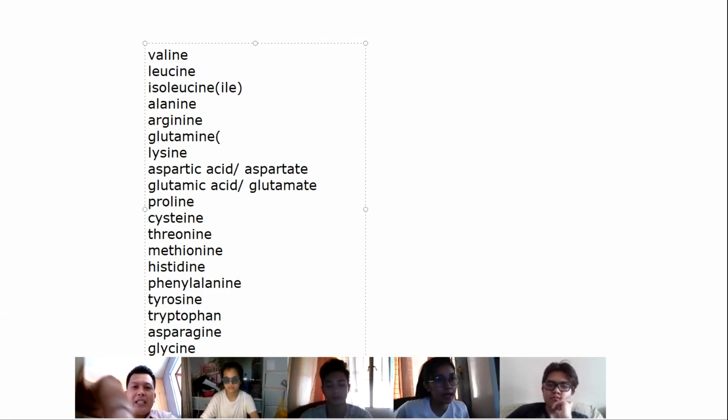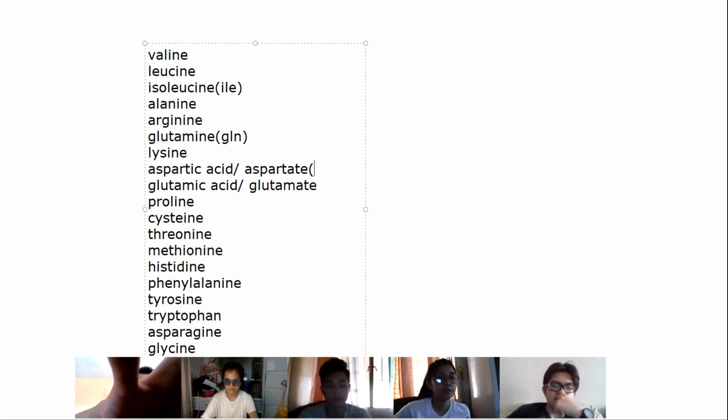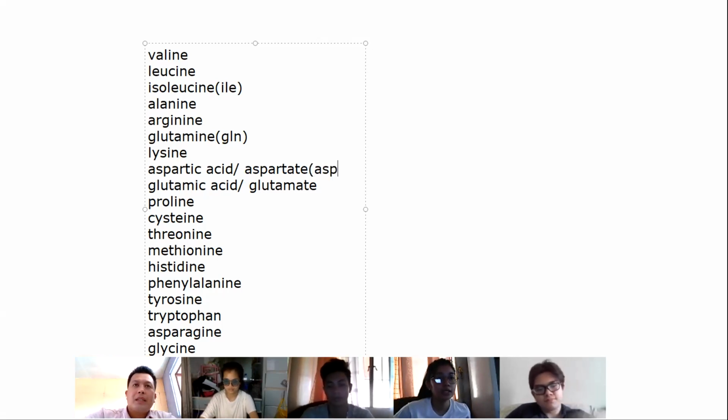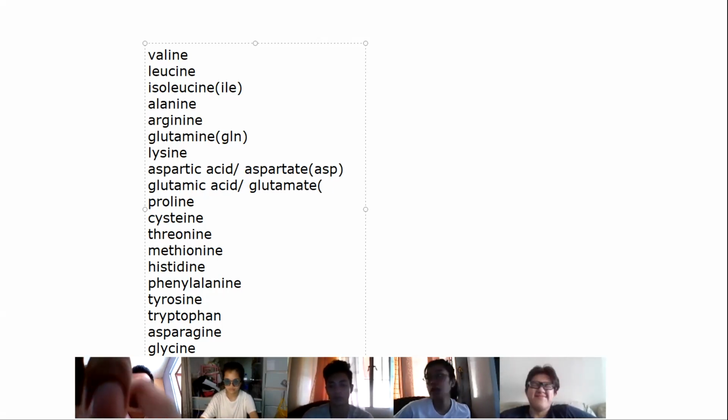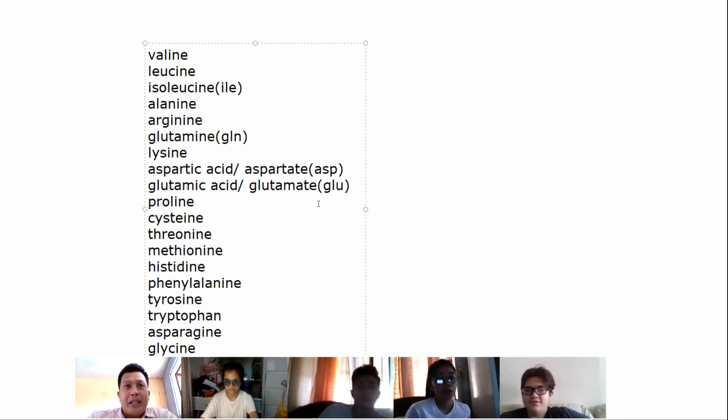There's a difference: glutamine is Gln, lysine is Lys, aspartate is Asp, glutamate is Glu. So glutamine is Gln, glutamate or glutamic acid is Glu.